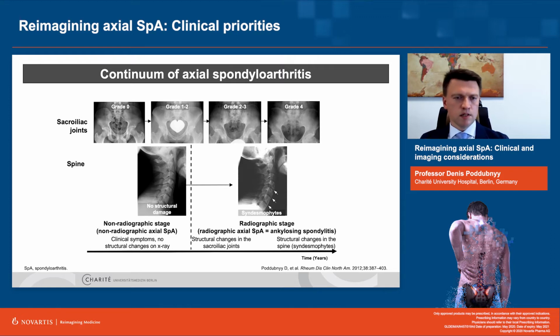And over time, a certain proportion of patients might progress to the so-called radiographic stage, where we have structural damage in the sacroiliac joints and maybe in the spine. At this stage, the disease is called radiographic axial SpA, and an older term would be ankylosing spondylitis.